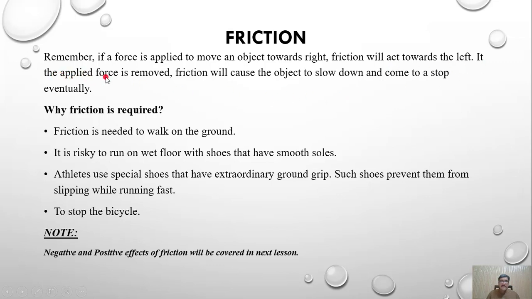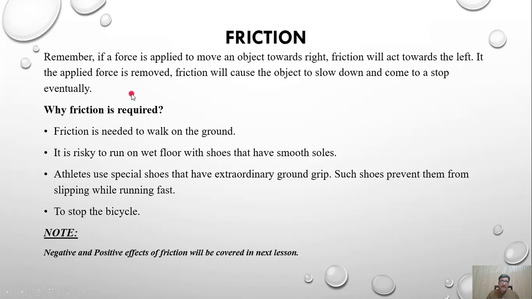If the applied force is removed, friction will cause the object to slow down, because then the only force present is friction, and the object will eventually come to a stop.